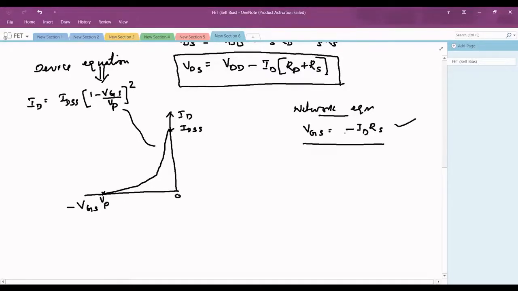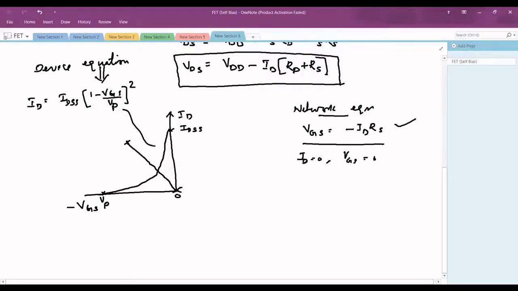The network equation resembles a straight line. If you draw a graph, when ID equals 0, from this equation VGS is also equal to 0. So this is the point. If you take another point, this will be the graph.